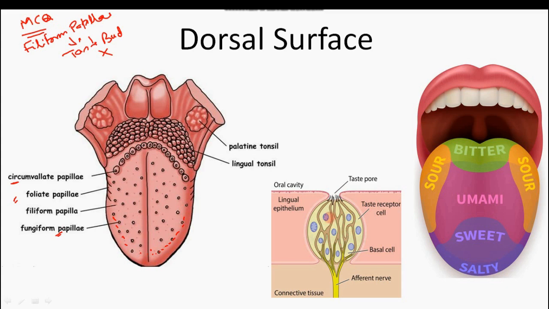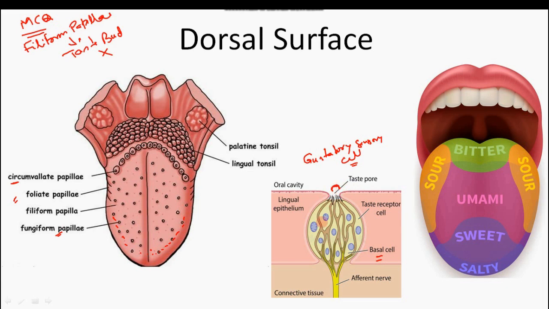These spindle-shaped cells are gustatory cells, gustatory sensory cells. And on the side they are supported by cells known as basal cells. And here is an opening. This opening is the gustatory pore or taste pore.